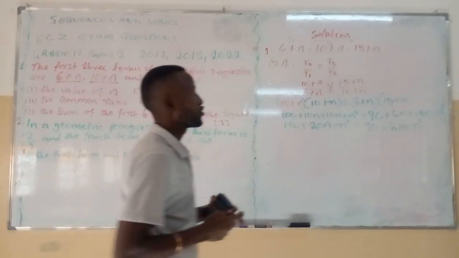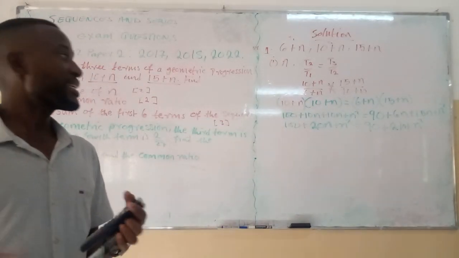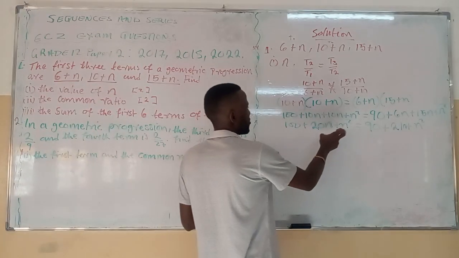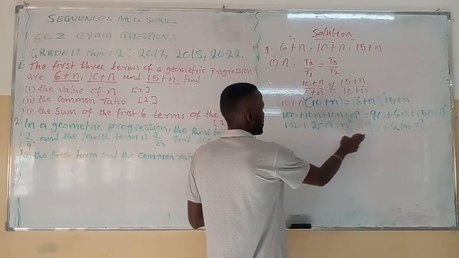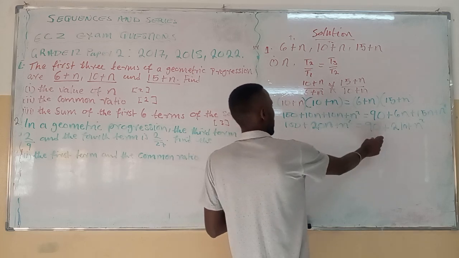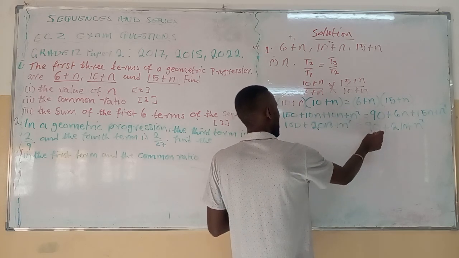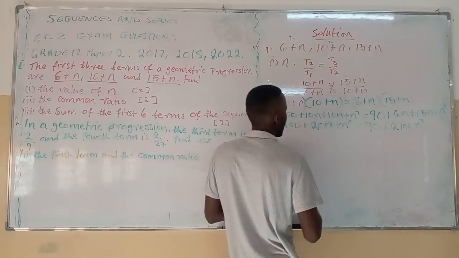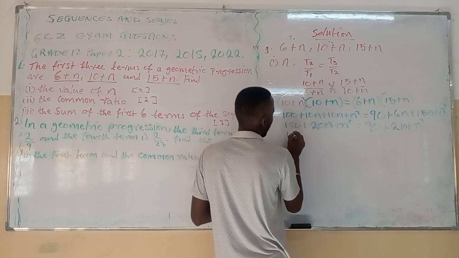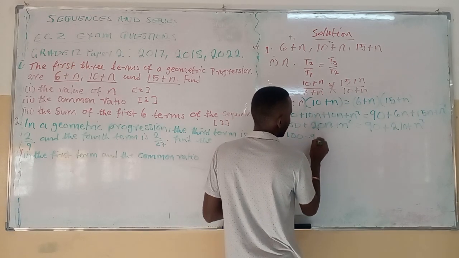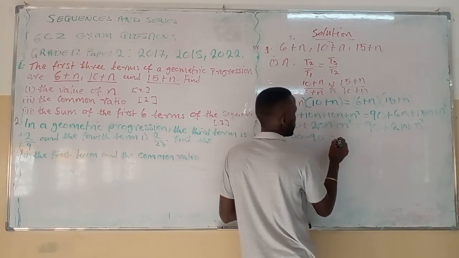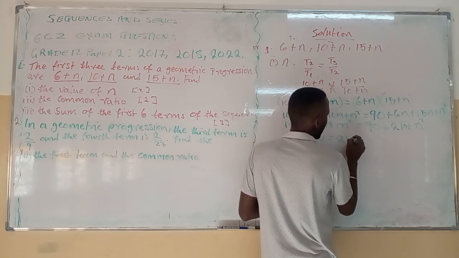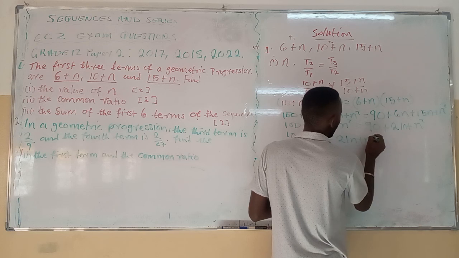Now at this stage, you collect the like terms and group them together. We want to find the value of n. So it will be wise, you see the 100 is this side and I don't want the negative side. So get this constant number and take it to the other side, and the n values you push them that side. So we have 100 minus 90 equal to 21n plus n squared.